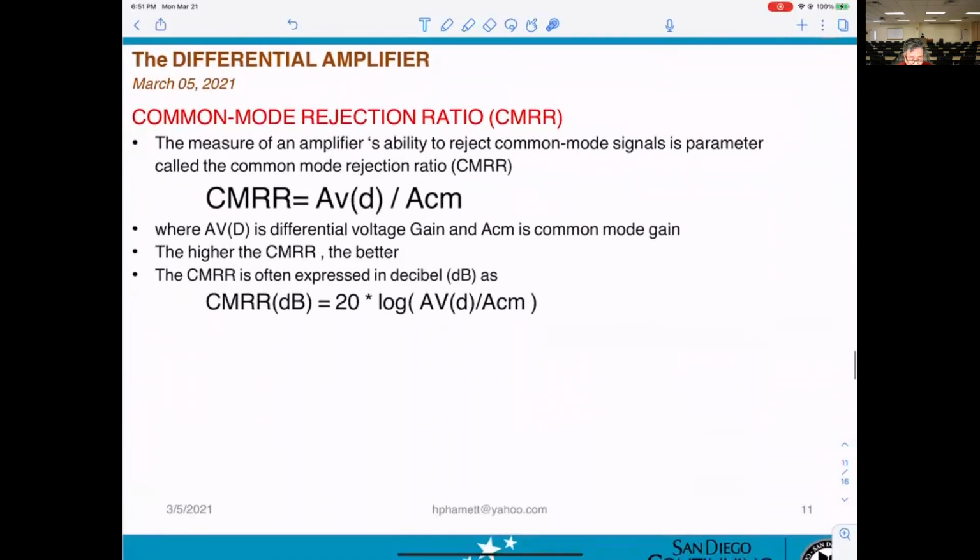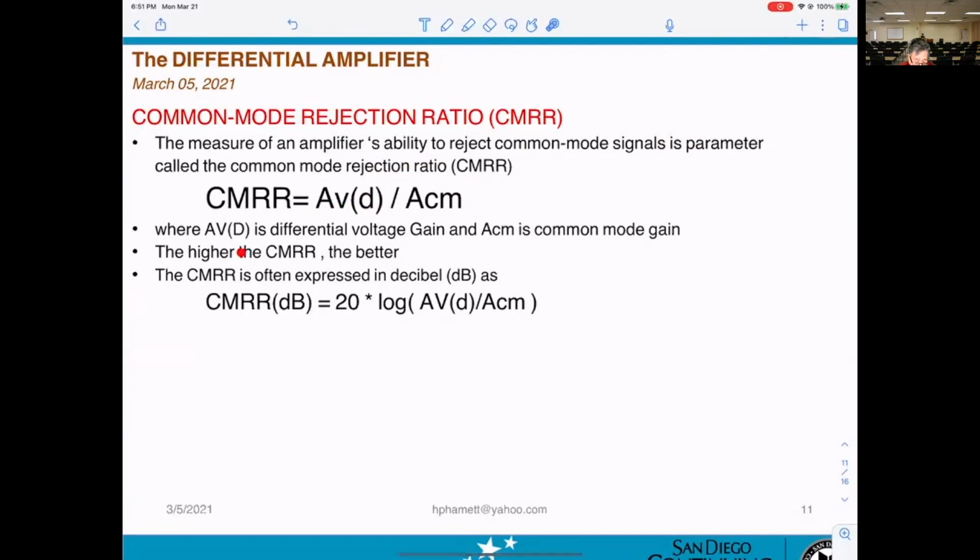You see, common mode rejection ratio, CMRR. It is the measure of an amplifier's ability to reject the common mode signal. The formula is CMRR equals AVD, the gain of the differential amplifier, divided by ACM, that means the gain of the noise.